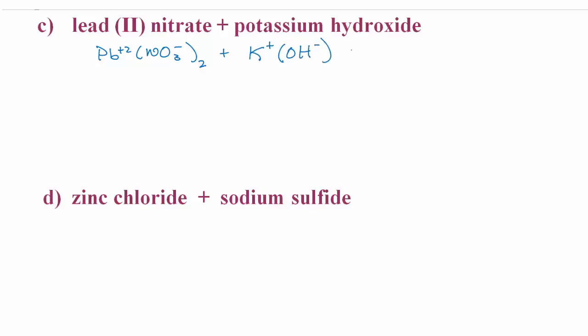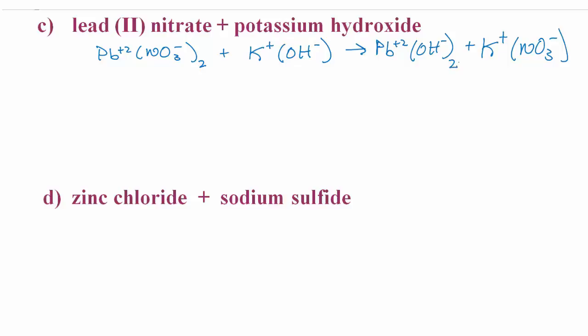Hydroxide is a negative charge. So what are my possibilities here? I can combine the lead 2 with the hydroxide anion and combine the potassium cation with the nitrate anion. Make my charges subscripts. Okay.